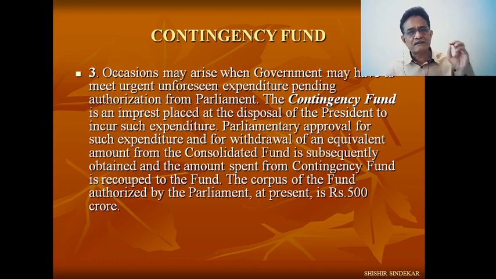At that point of time, it may not be possible to take authorization from the parliament. So the contingency fund is placed at the disposal of the president to incur such expenditures. Parliamentary approval is necessary, but not at that point of time. Later on they can have that parliamentary approval.